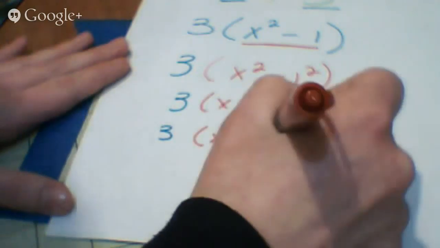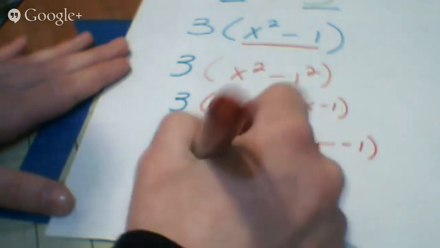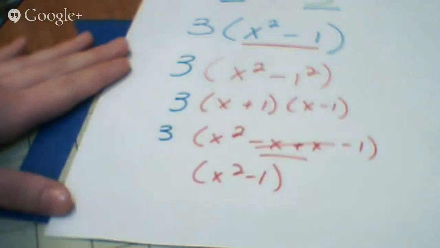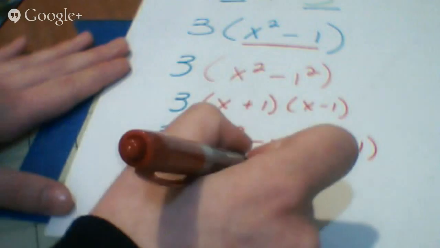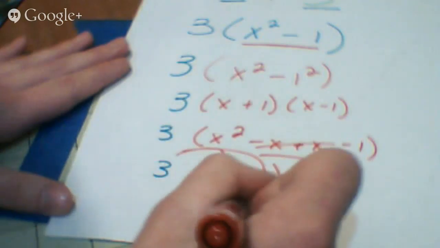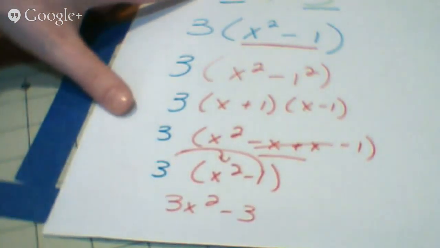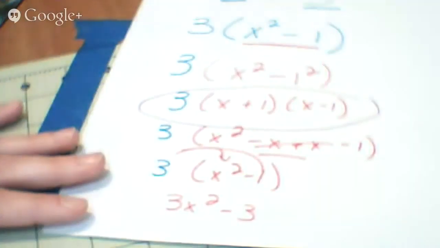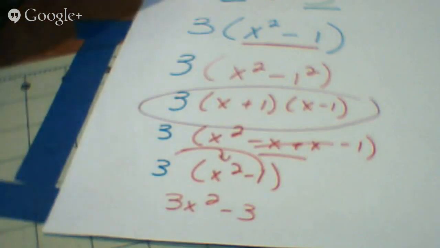And then my middle terms cancel out. So I'm left with x squared minus 1. And the 3 comes along for the ride. And then if I distribute the 3 back in, I get the 3x squared minus 3, which is what we started with. So this is our factoring of 3x squared minus 3.